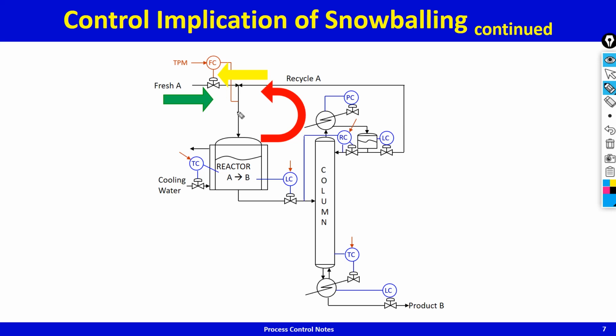And in this case, if you're looking at recycle versus fresh feed or production rate, either is fine. Do you see that this curve actually looks like this?